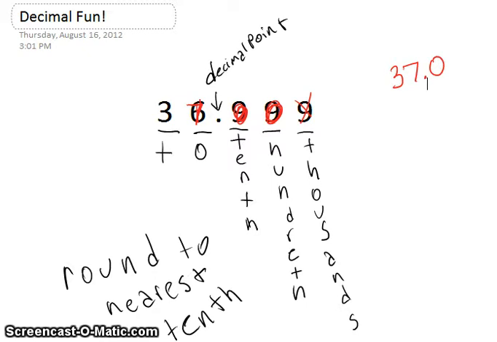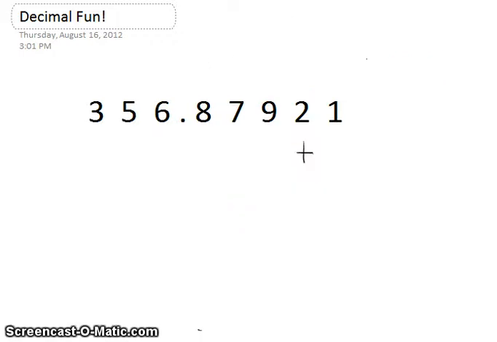Give me a second to get the next problem worked out. Let's try again. Remember your place value.